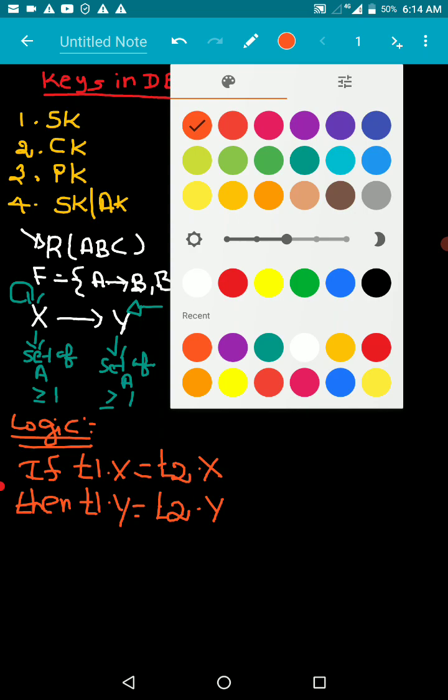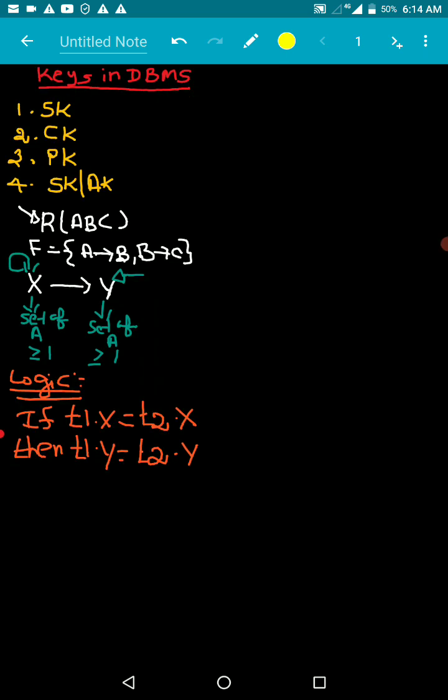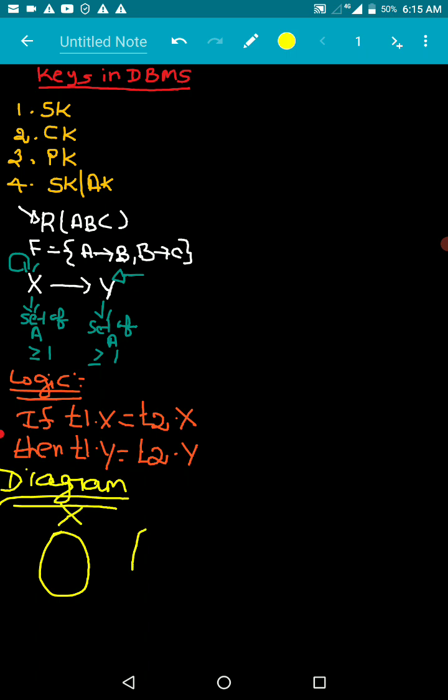We can also represent it diagrammatically, in a functional dependency diagram. This is the set of attributes X, and this is the set of attributes Y. Between these two sets of attributes, the relation will be one-to-one or many-to-one. This is the functional dependency.